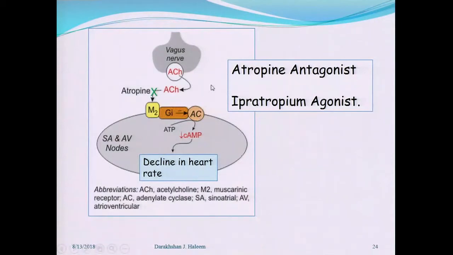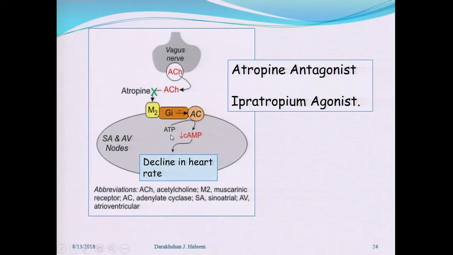Here is the example of a G protein coupled receptor. Acetylcholine, which is released from the vagus nerve, binds with the M2 type of receptors, muscarinic receptors, to inhibit the formation of cyclic AMP, and this results in a decrease in heart rate. So atropine is an antagonist at these sites. It will result in an increase in heart rate.